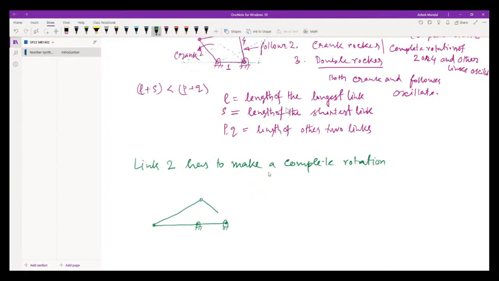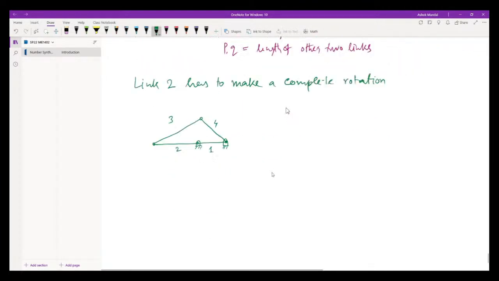So link 4 is this one. Okay, this is link 1, 2, 3, 4. We can have another extreme position. We are drawing it here. Let us draw first. Link 1 and link 2 is like this.